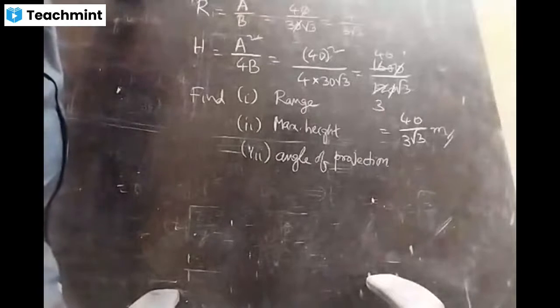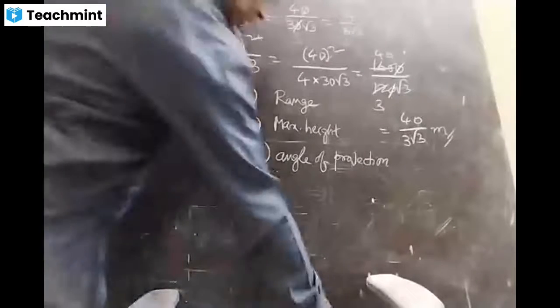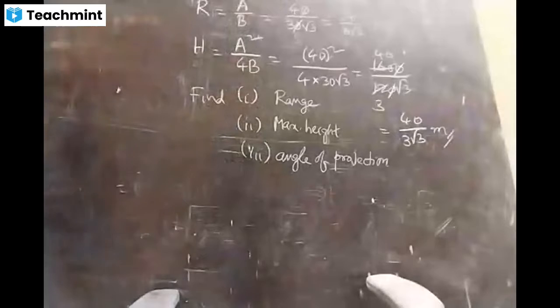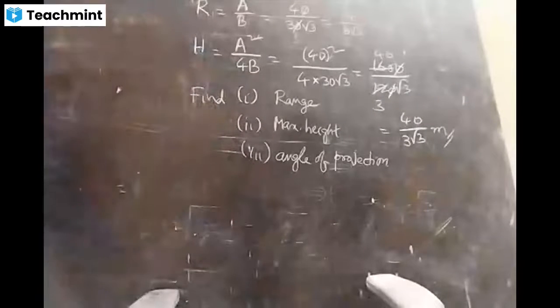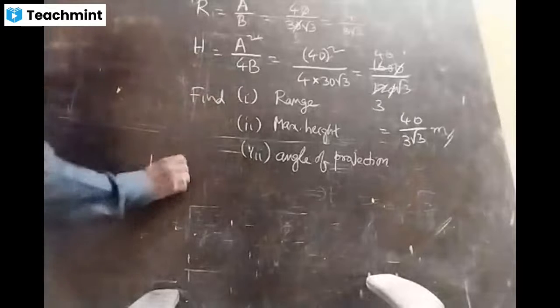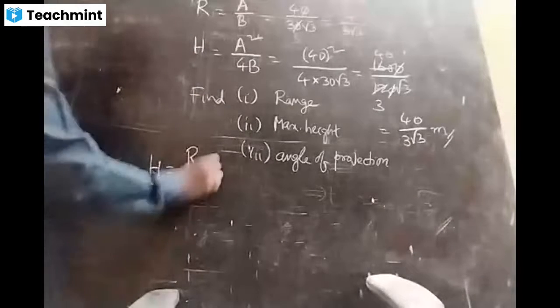Angle of projection formula: h is equal to r tan theta by 4, right? Very good, so 4h by r is equal to tan theta.